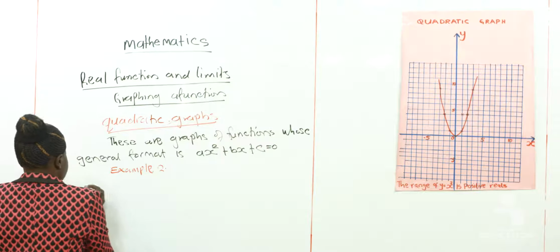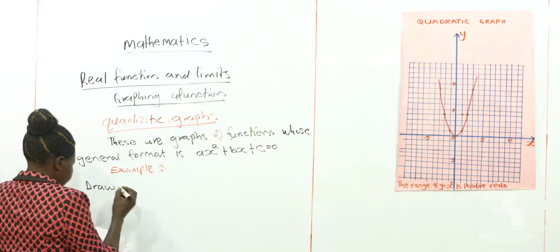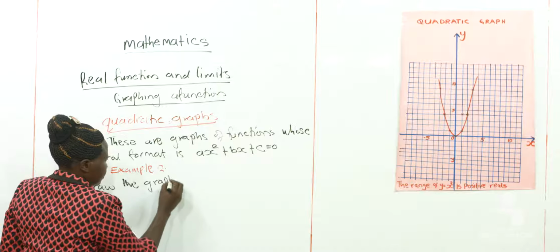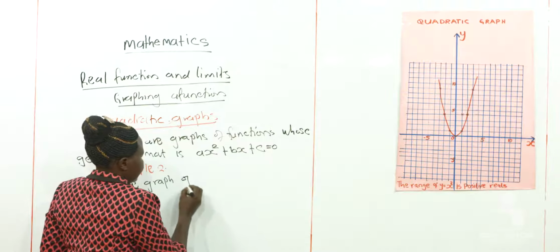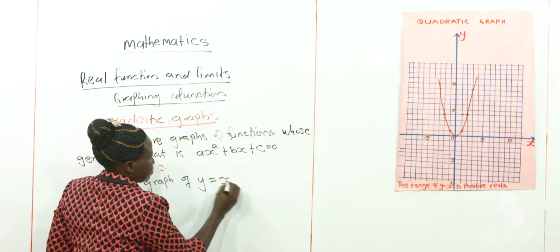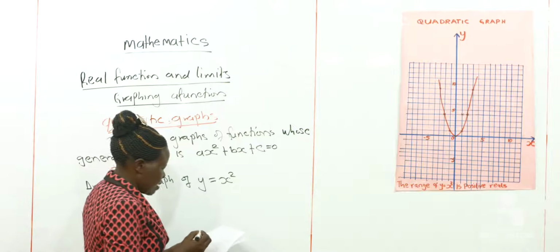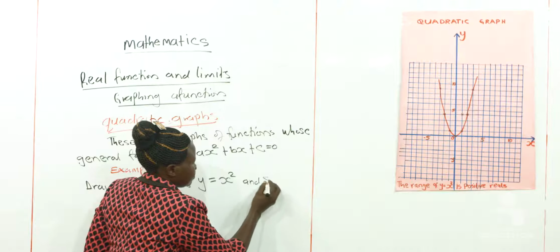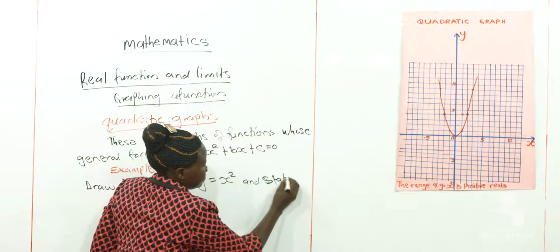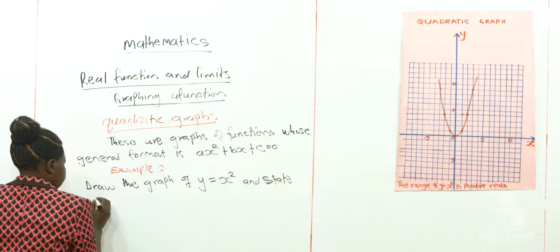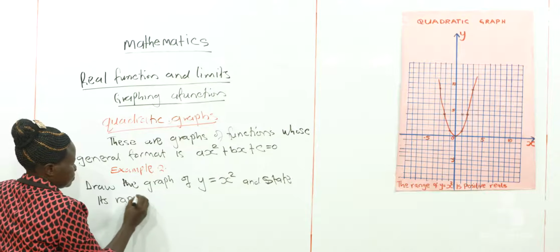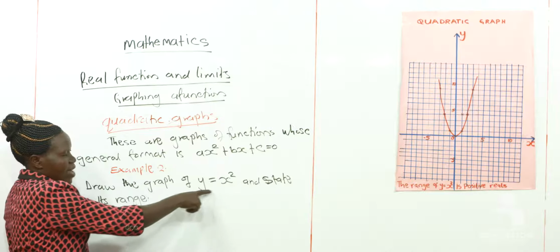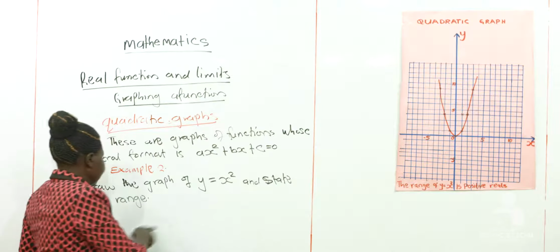The question says, draw the graph of y equals x square and state its range.